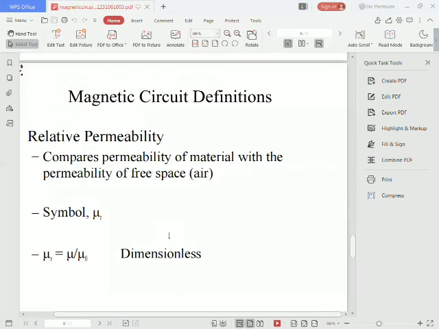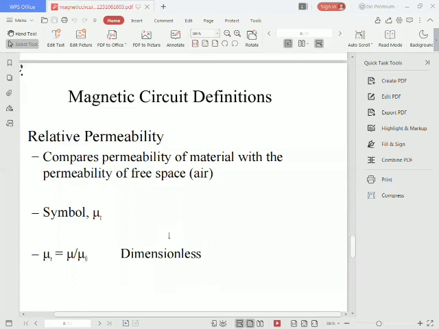This is the second type of permeability, relative permeability. The relative permeability is defined as the ratio of flux density in a particular medium produced by a magnet to the flux density in air or vacuum by the same magnet under identical operating conditions, denoted by mu r.